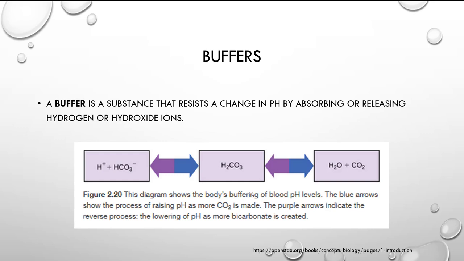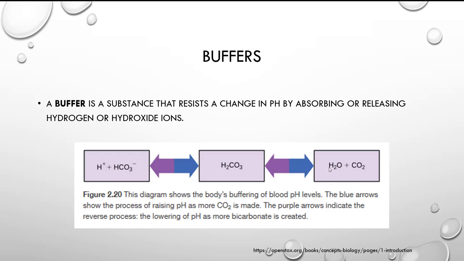Or if too much hydroxide ion is introduced into the system, the carbonic acid can rapidly dissociate into bicarbonate and hydrogen ions, and those hydrogen ions can combine with the hydroxyl ions to form water, and that limits the increase in pH.